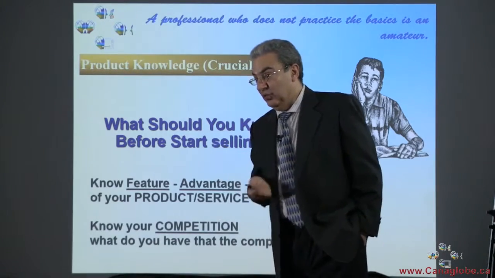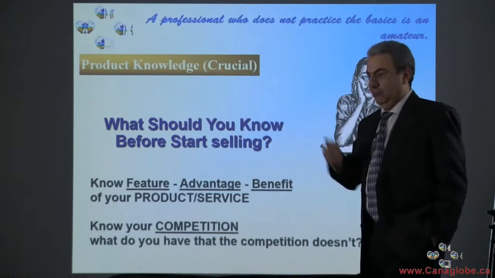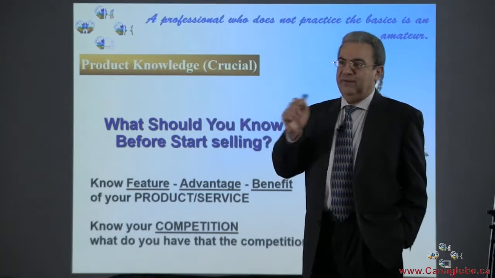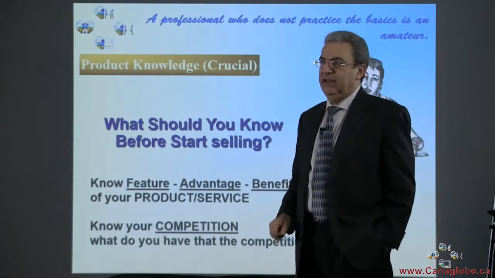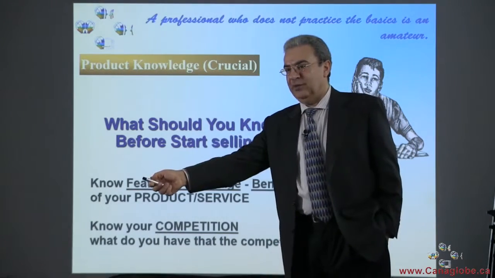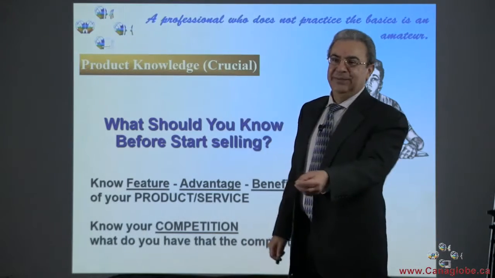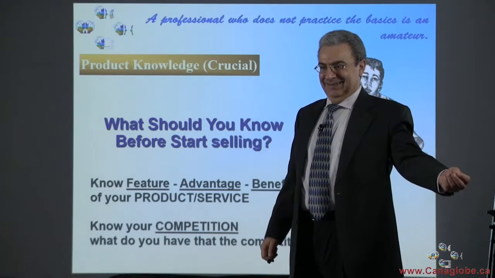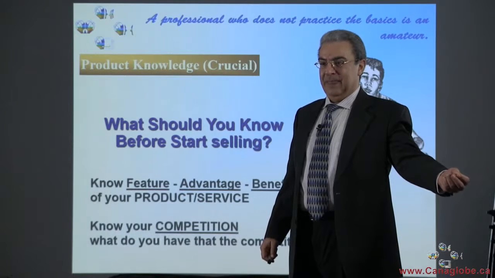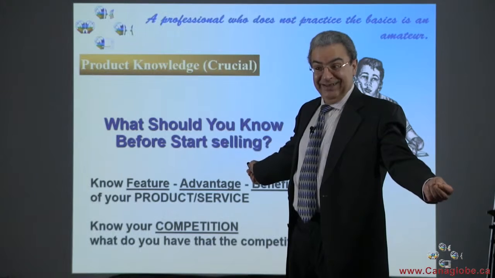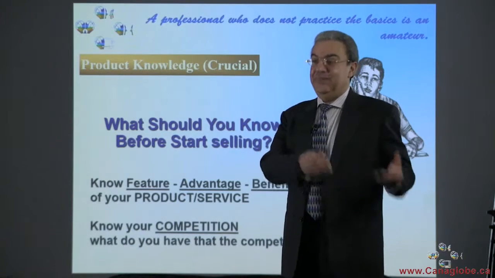For instance, if you go to any of these dealerships, either Ford or Nissan, you will see part of their weekly or monthly training is to say, okay, this model is comparable to this Toyota, this model. So knowing your competition is part of knowing your product. You have to know your product first in order to be able to compare it to something else.